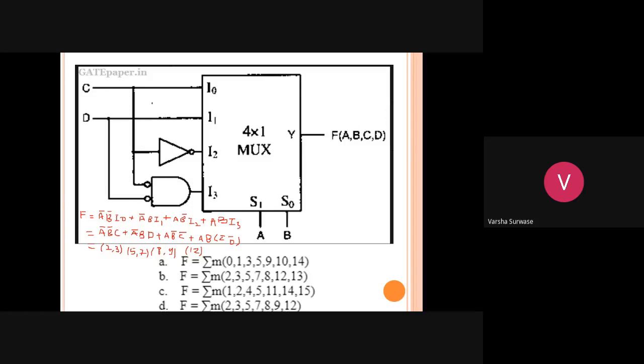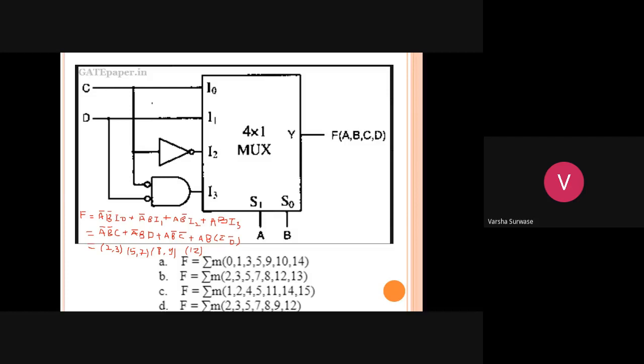Okay, now see. You have to calculate the output function, that is Y. It is a function of the four minterms A, B, C and D, and you will get this in terms of the select lines S0 and S1, which are A and B. So you know how to calculate the equation for this.